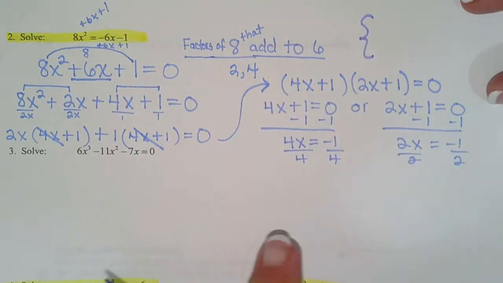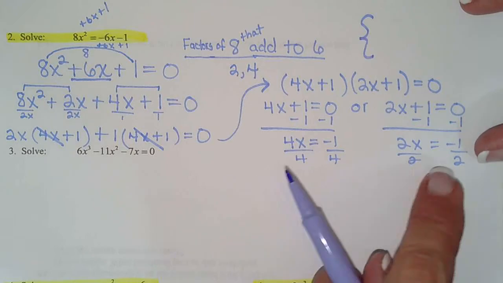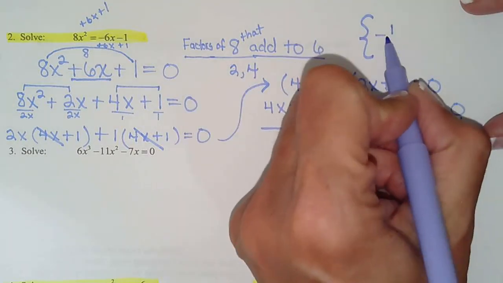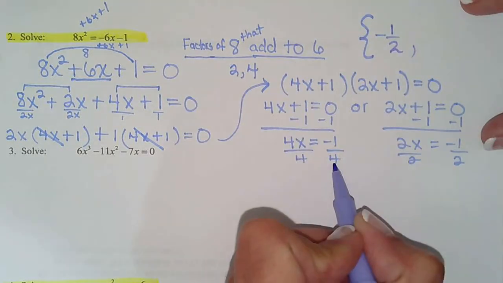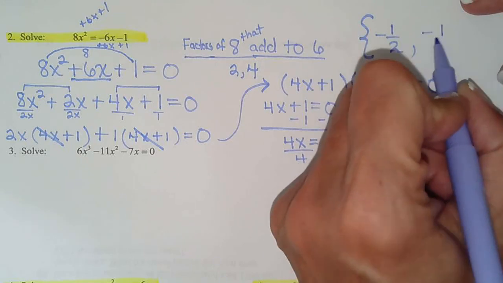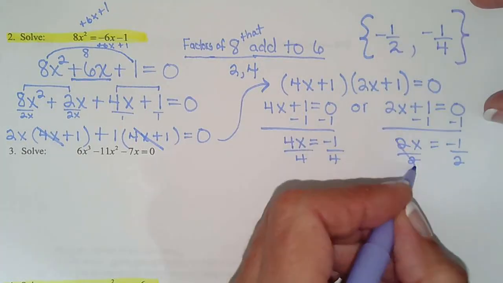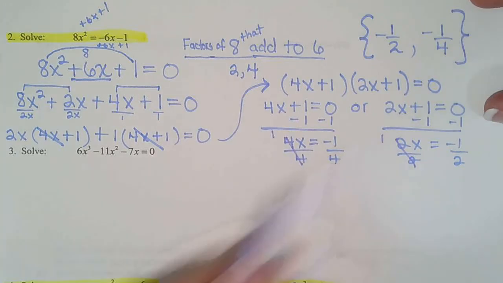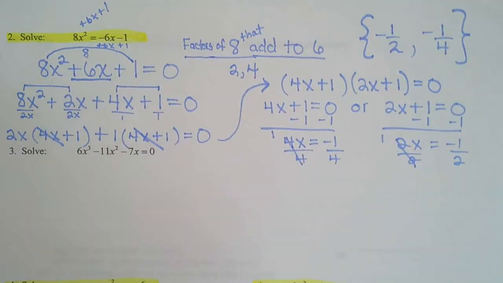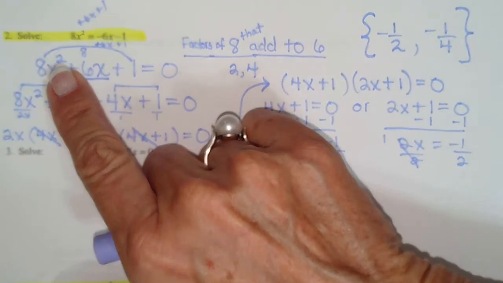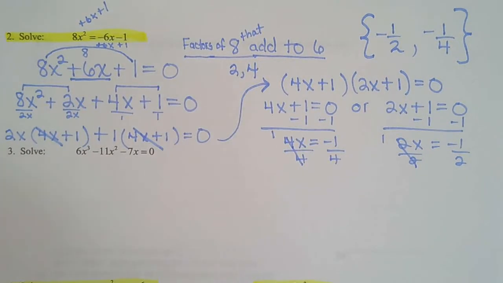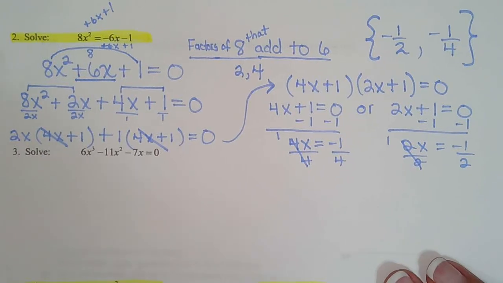So our 2 solutions are going to be negative 1/2 and negative 1/4. And there we have it. 2 solutions, second degree. So that's a good one to study for the test.